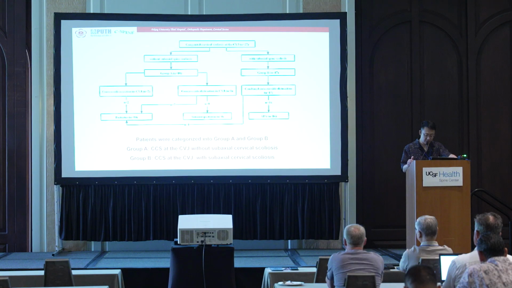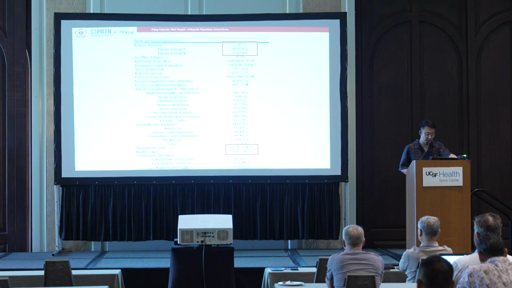The definition of subaxial cervical scoliosis was a structural curve with a compound angle of more than 10 degrees with a responsible segment isolated between C3 to T1. These classifications highlight the difference in deformity distribution and serve as a foundation for the specific surgical planning.